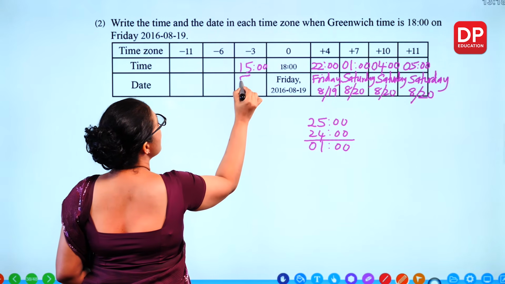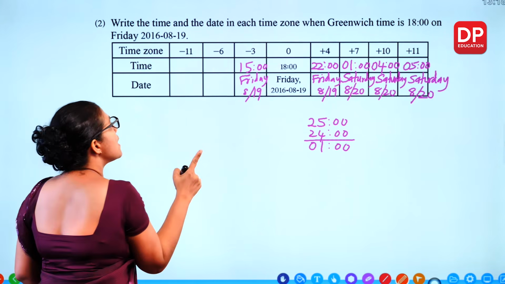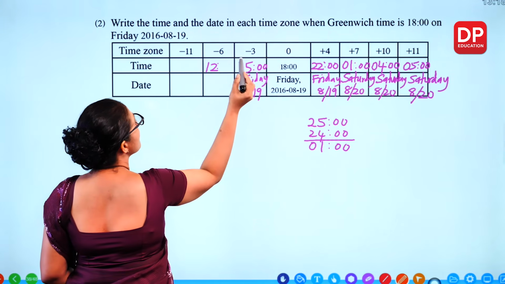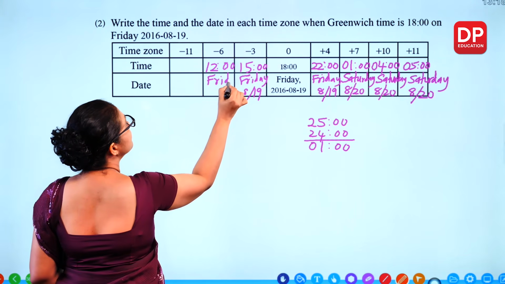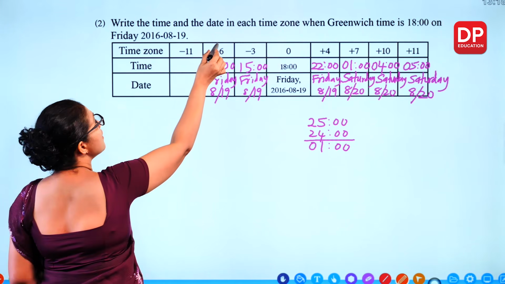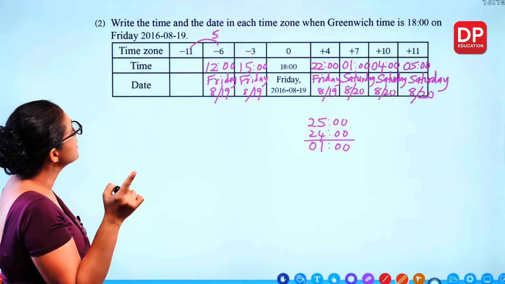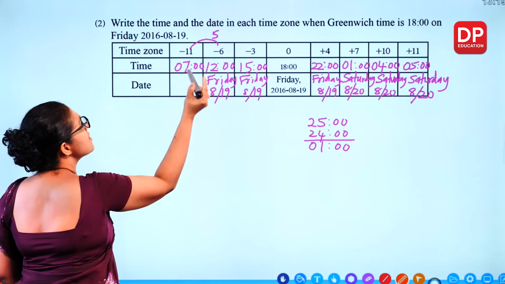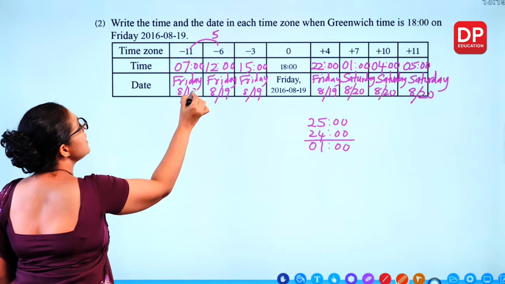But same day, Friday, 8/19. Another 3 you have to subtract. 15 minus 3, you get 12. 12 noon. That's also Friday, same day, 8/19. Subtract another 5 hours. 12 minus 5, 7 in the morning. But still Friday, 8/19.